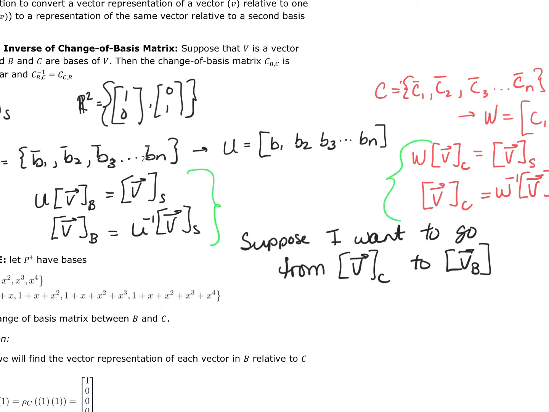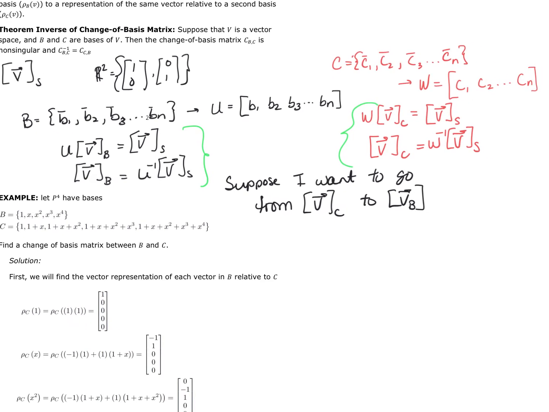Well, the way I'm going to do that is I'm going to bring in these two things I've highlighted in green, which is this information and this information. Now, I want to end up in V sub B. So the vector V with respect to B is equal to U inverse times my vector with respect to the standard basis. I'm getting that from right here.